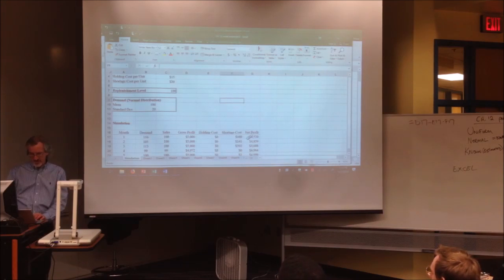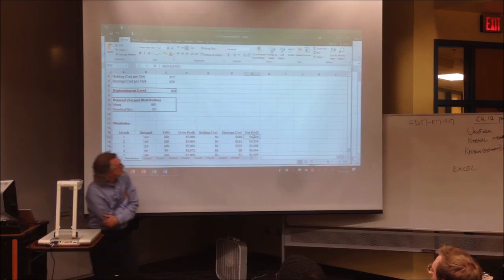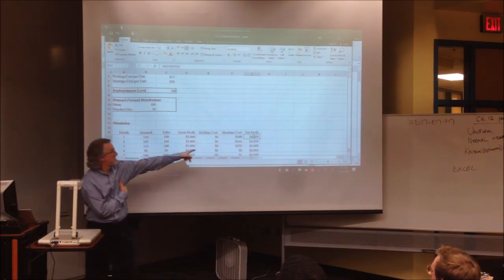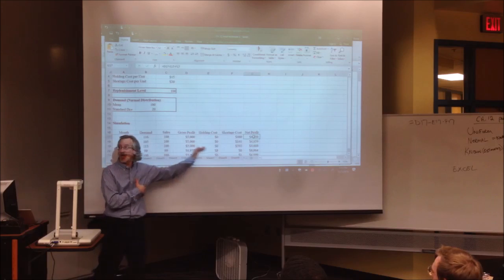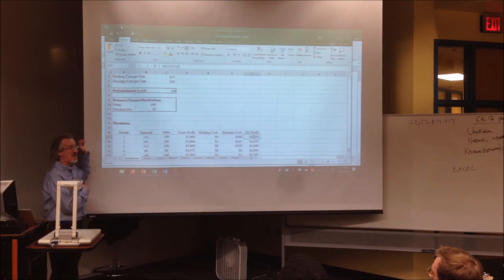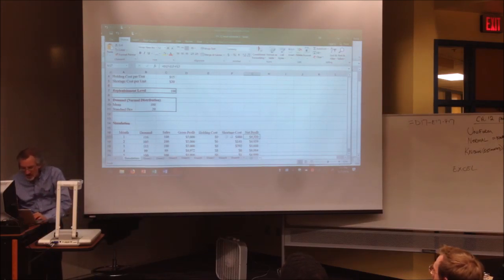And sure enough, right there, let's see what it is. D17 minus E17 minus F17. And you saw the logic I kind of went through to come up with that analysis to get that formula. Now let's look at why this holding cost is only $8 and why that shortage cost.